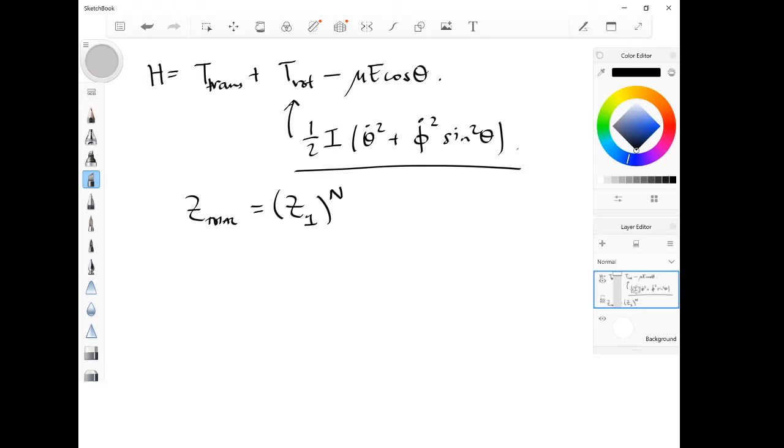And our partition function, Zi, is going to have a few different bits. It's going to have our translational motion, our rotational motion, and our potential.